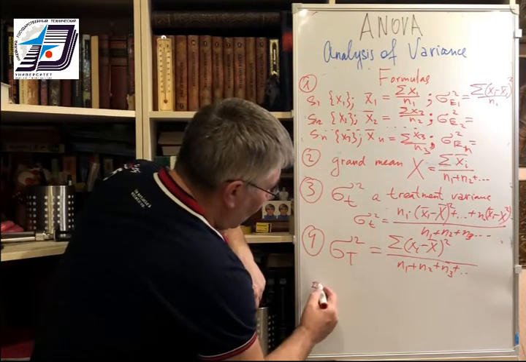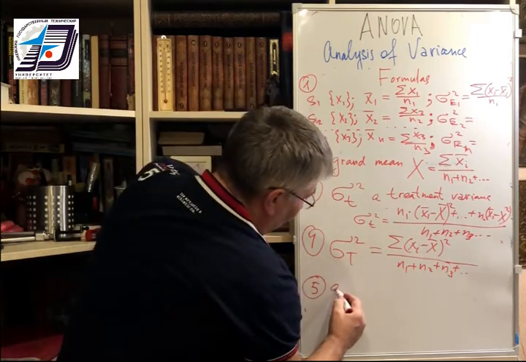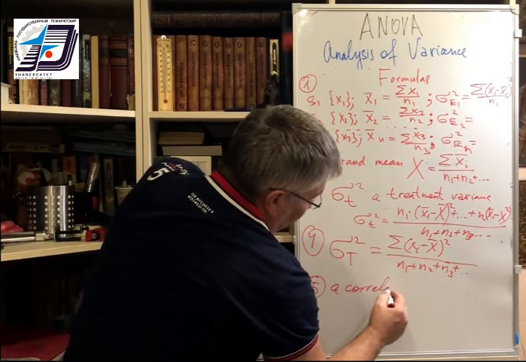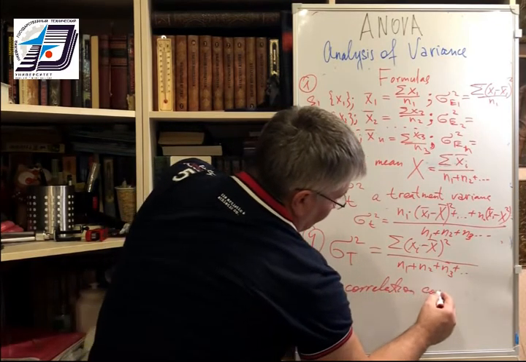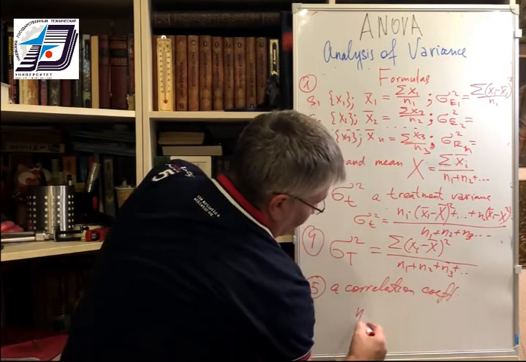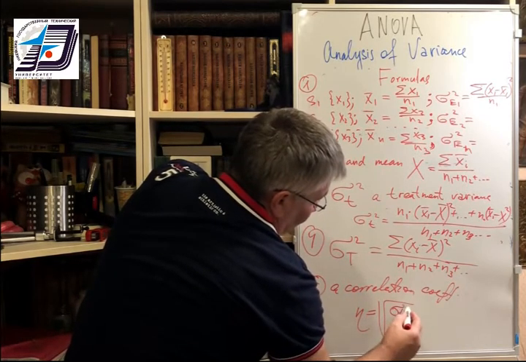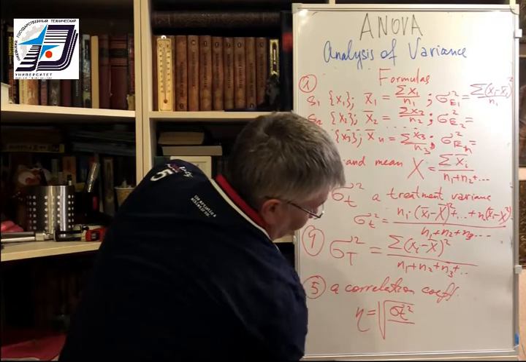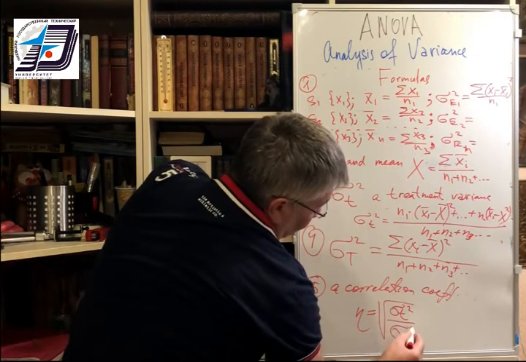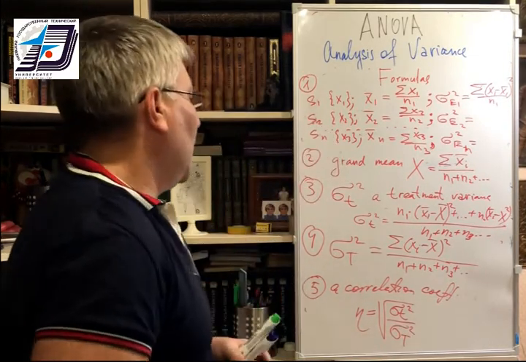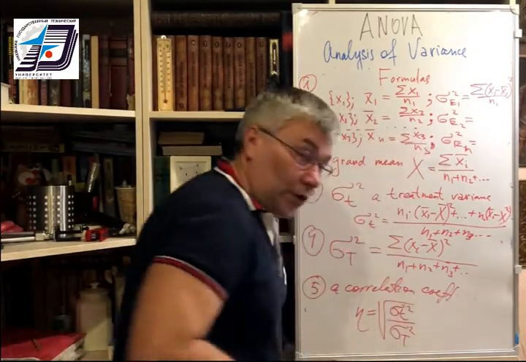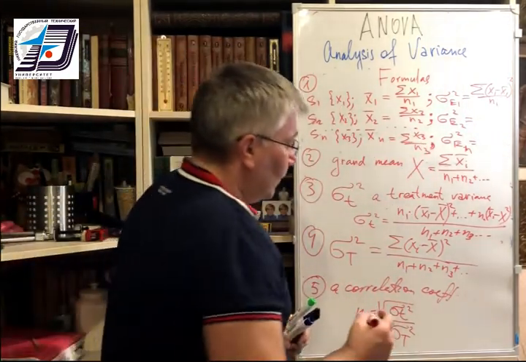And the last one, the correlation coefficient: eta equals the treatment variance over the total variance. And you have to give an interpretation.